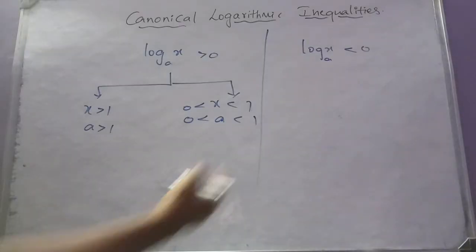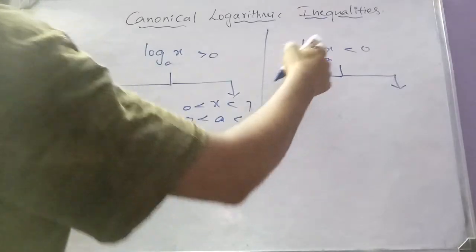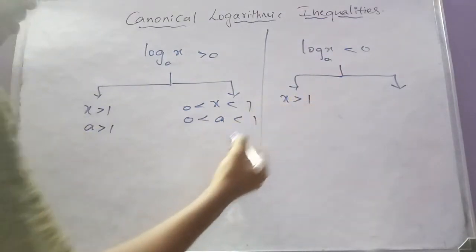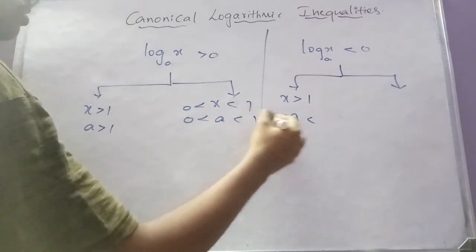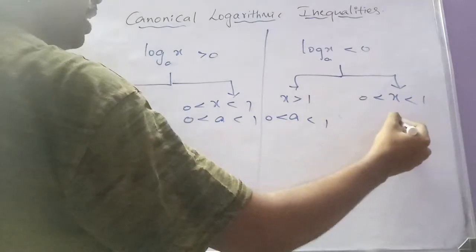Similarly, if you want to solve this, here also we have two cases. Log x base a can be negative if x is an improper fraction and a is a proper fraction, or if x is a proper fraction and a is an improper fraction.